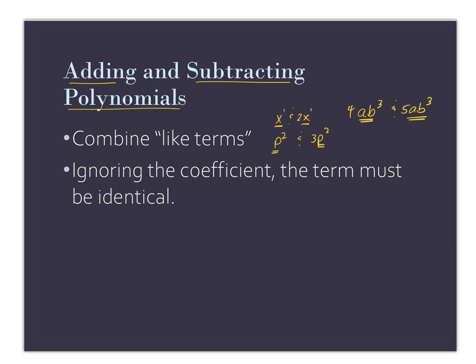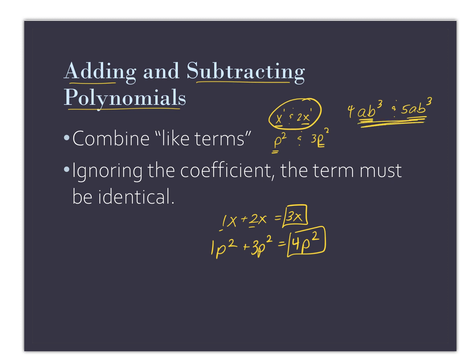So when I go to, let's say, add these, I've got x plus 2x, it's going to be 3x. Notice I add the coefficients, and the like term, the x to the first power, stays x to the first power. When I do p squared plus 3p squared, again, 1 and 3 is 4, and the p squared ends up in the final answer.